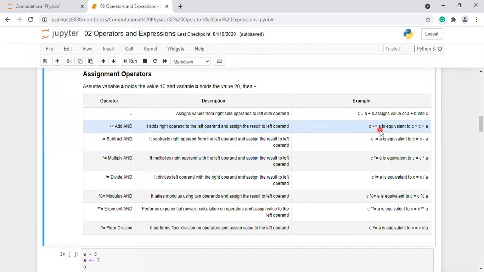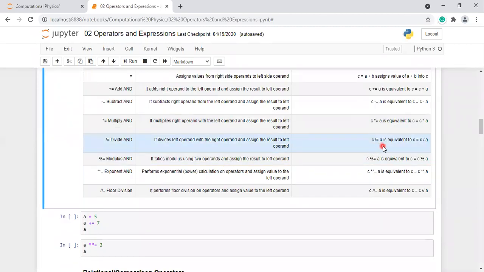C plus equal to A means C equals C plus A: you add A to the value of C and assign that answer to C. C minus equal to A means C equals C minus A. C star equal to A means C equals C star A.